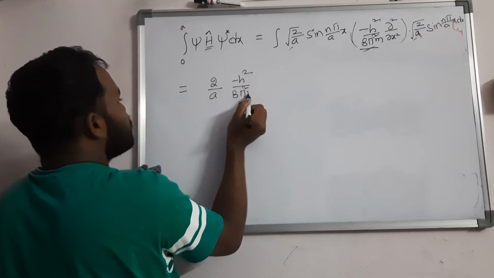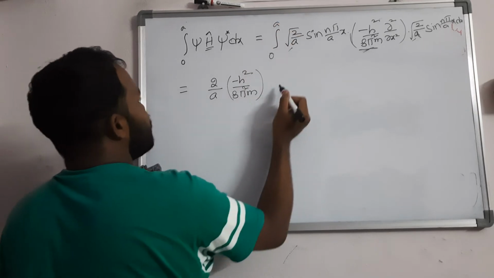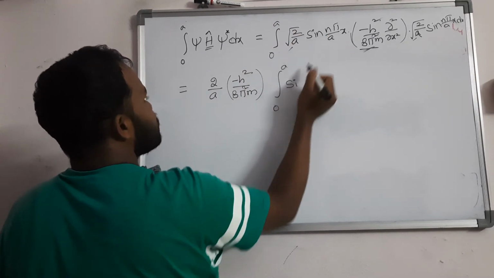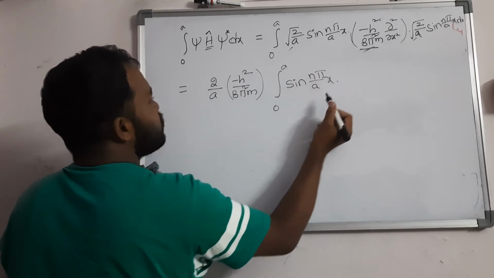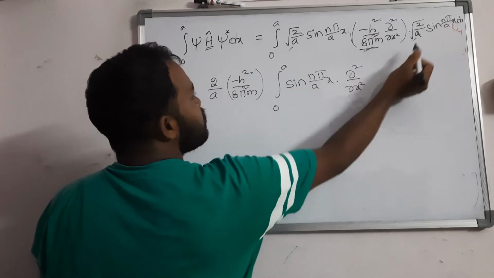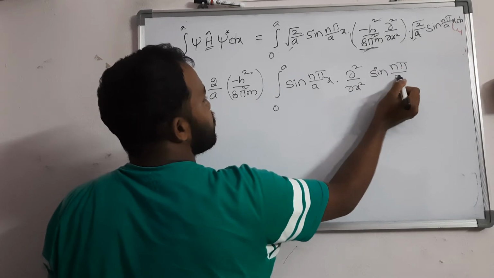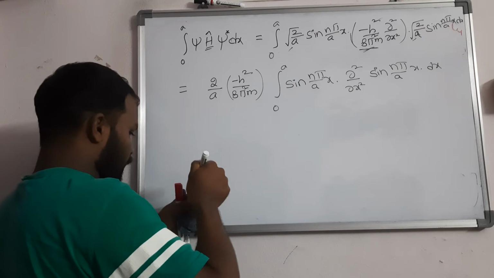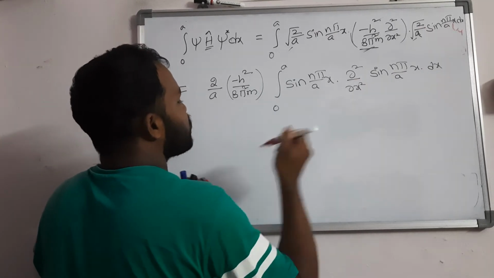Taking these constants outside, the limits 0 to a, and integration of 0 to a into sine n pi by a into x into dou square by dou x square into sine n pi by a into x into dx. If you observe clearly, after the differentiation you will have the function.